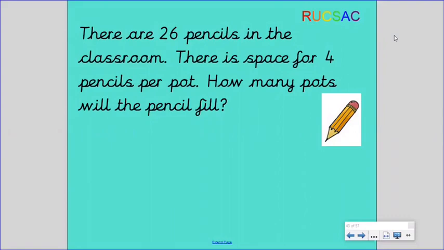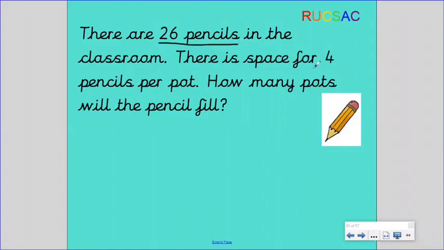Ready? Okay, your next step is to pick out the important information. So have another look. What will you underline in this question? Get ready for me to show you what I'm going to underline. So we've got 26 pencils in total.